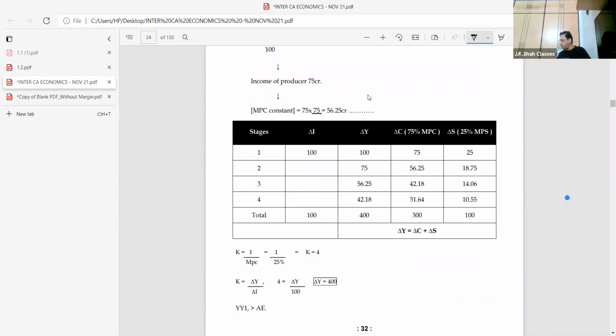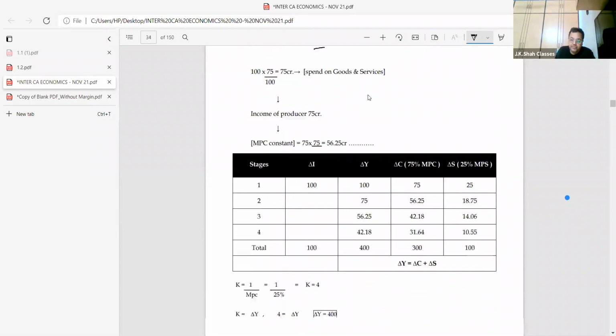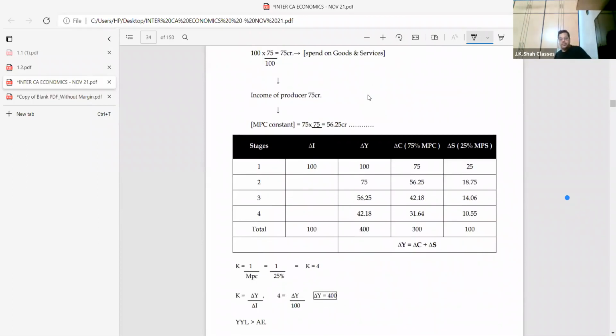Just see if it makes sense to you. Yeah, beta, they have sent MPC 75%. If you're not understanding, no problem.